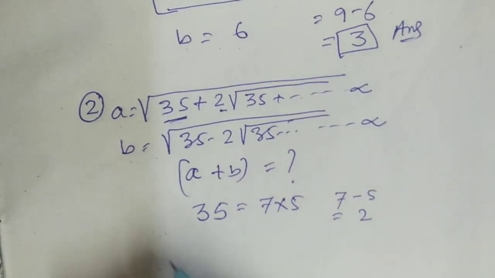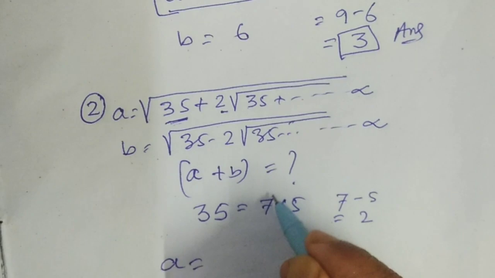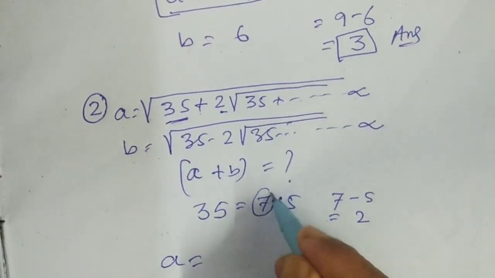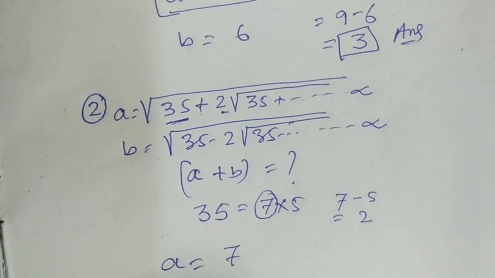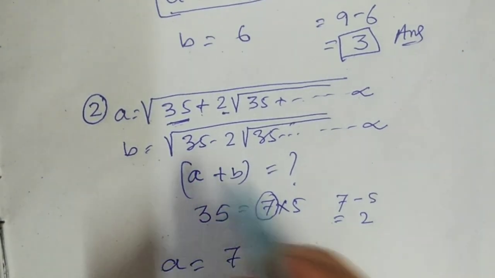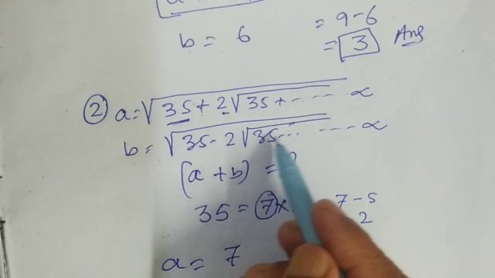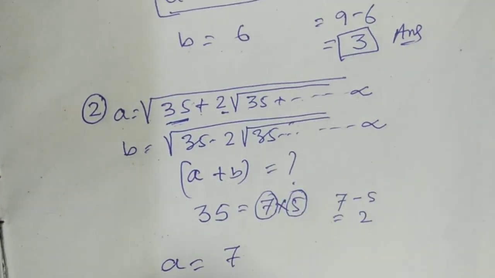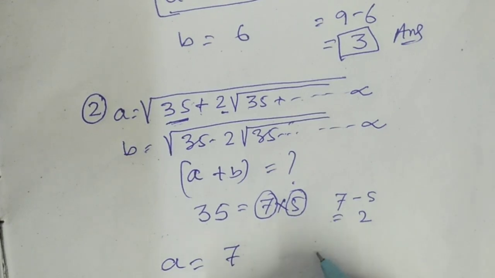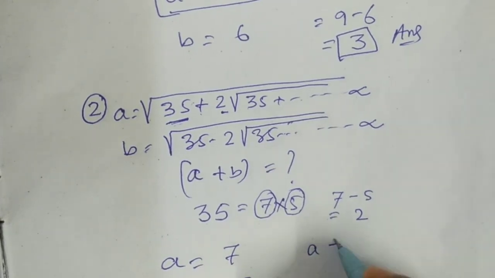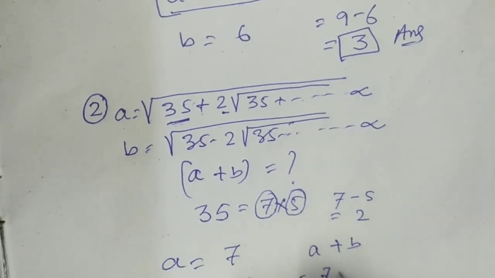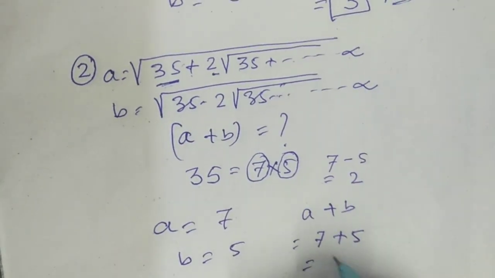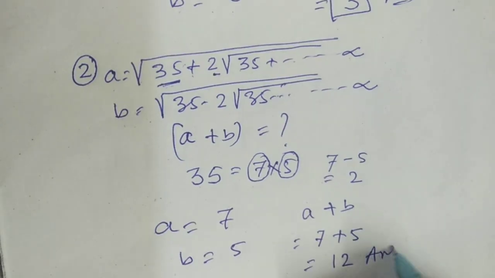As all are positive, a is equal to the bigger factor 7, and b is equal to, both are same, only the sign is changed, so b is equal to the smaller factor, this is 5. The answer is a plus b is equal to 7 plus 5, which is equal to 12.